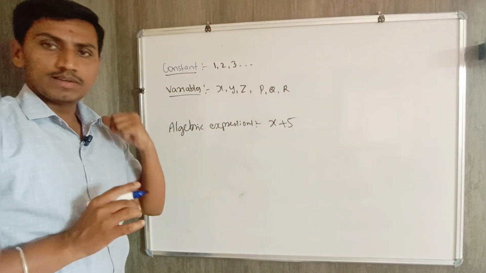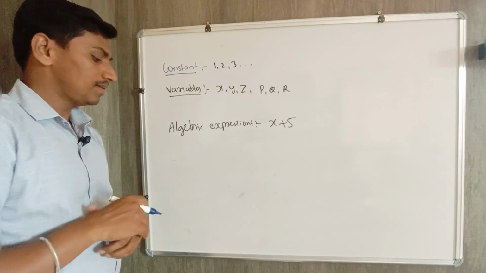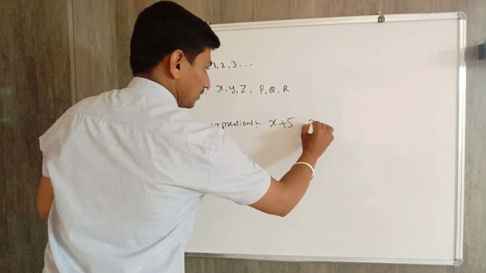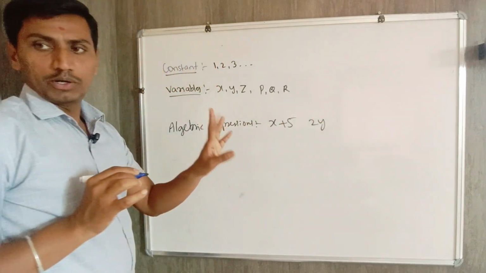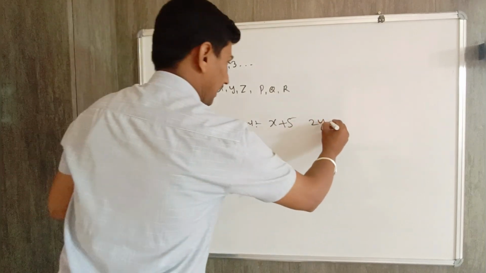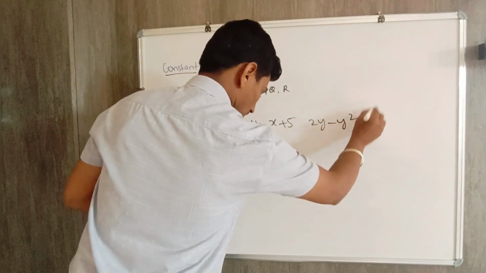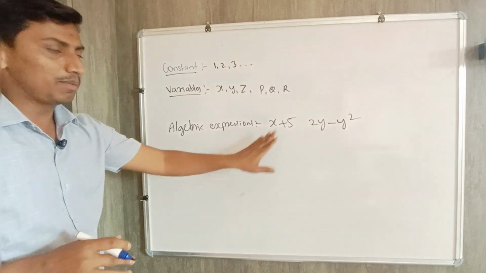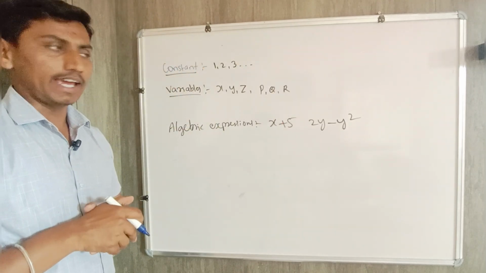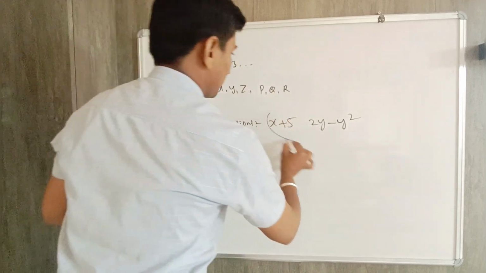That is an algebraic expression. Tell me an example. 2y, one variable, one constant, and again minus y square. This is also an algebraic expression.